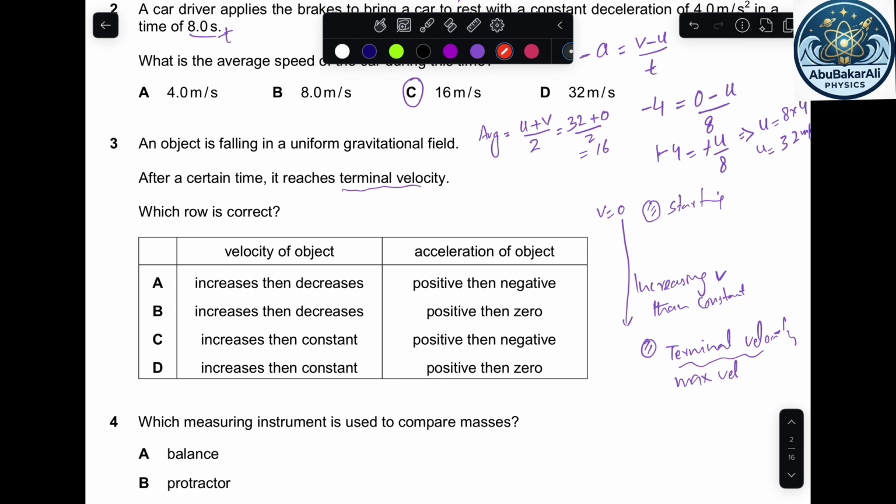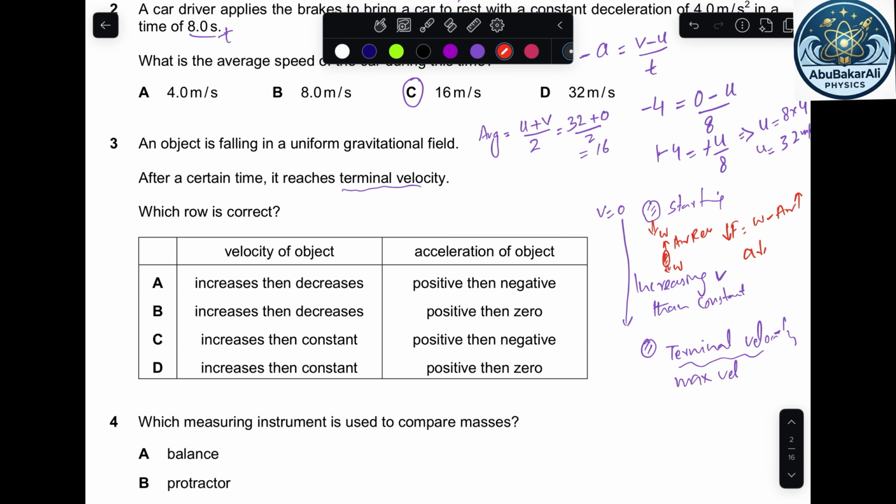When it starts falling, the only force acting on it is weight, but when it reaches a lower distance, there is weight and there is an upward force called air resistance. So your resultant force F is weight minus air resistance. As the speed keeps increasing, air resistance is increasing, so the resultant force will decrease, and so acceleration will also decrease.